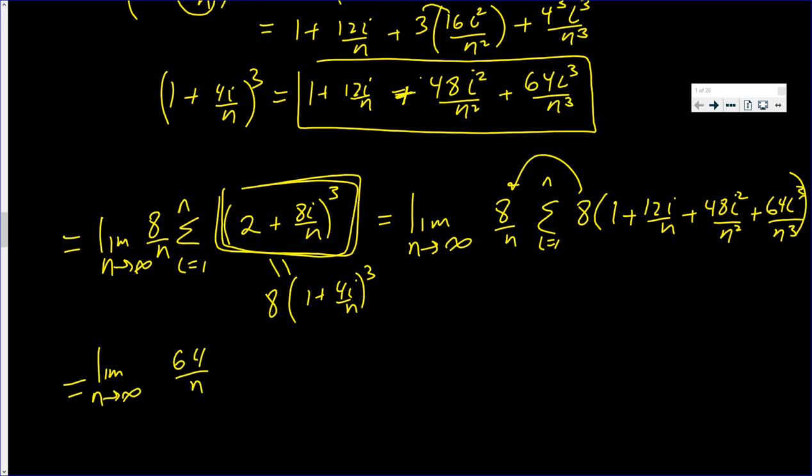64 over n times the summation as i goes from 1 to n of that mess. And then I'm going to distribute the summation sign.